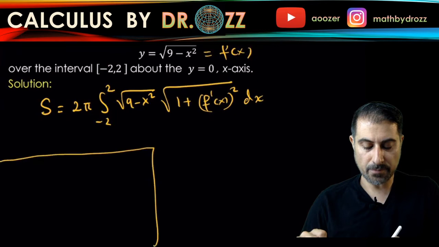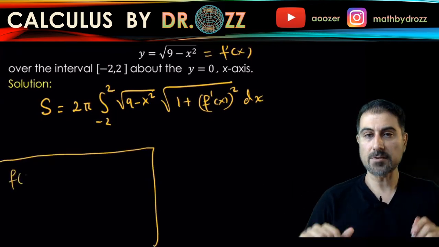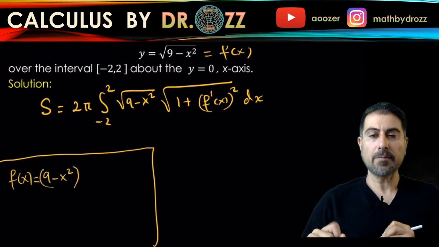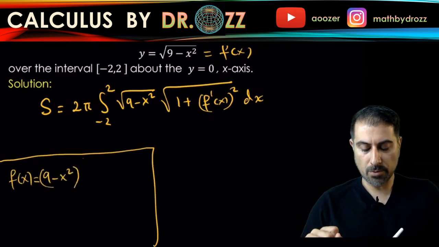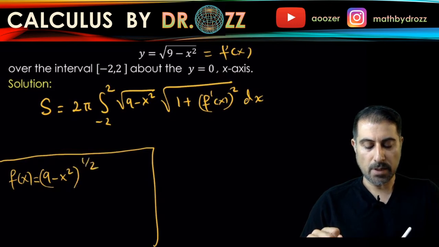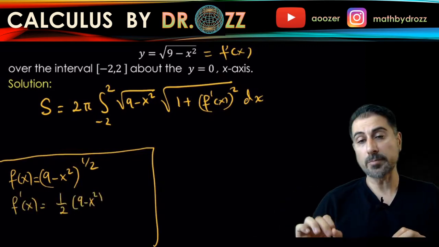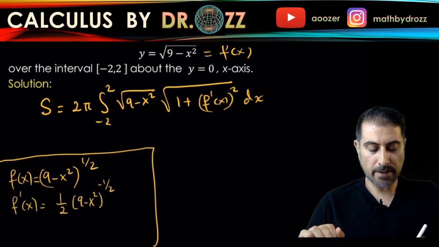So f of x is radical 9 minus x squared, but I'm going to write it in the exponent form. And I'm going to use the generalized power rule to take the derivative of this. So it's 1/2 times 9 minus x squared to the power of -1/2 times the derivative of the inner part, which is -2x.